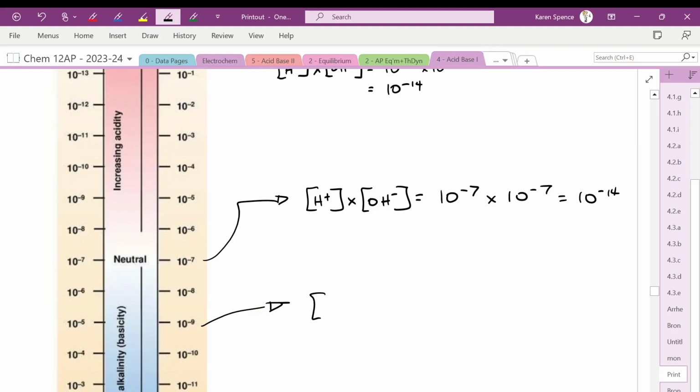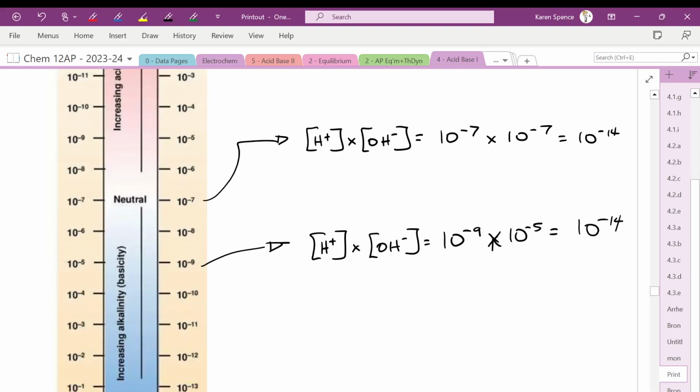We have concentration of hydrogen times hydroxide, and we have 10 to the negative 9 hydrogen matches up with 10 to the negative 5 hydroxide. And what do we get? 10 to the negative 14. Oh my gosh, the value is always the same.